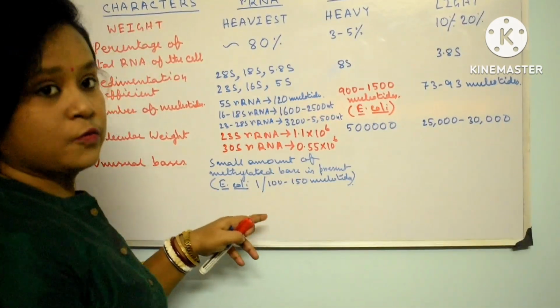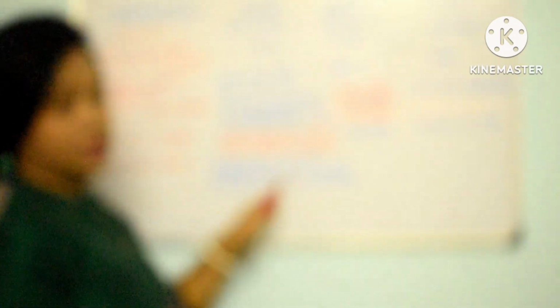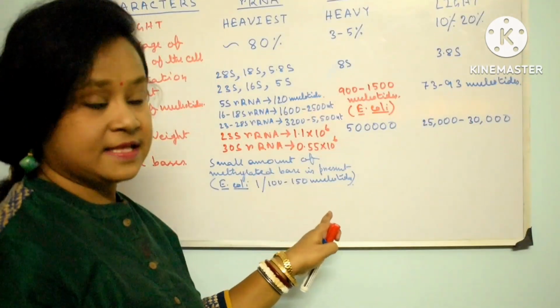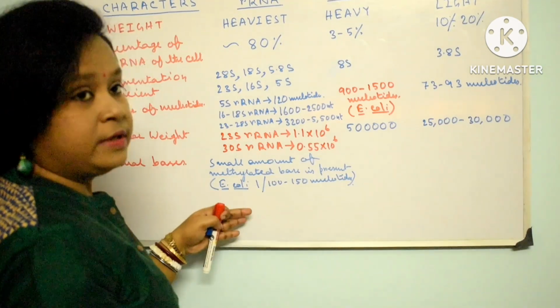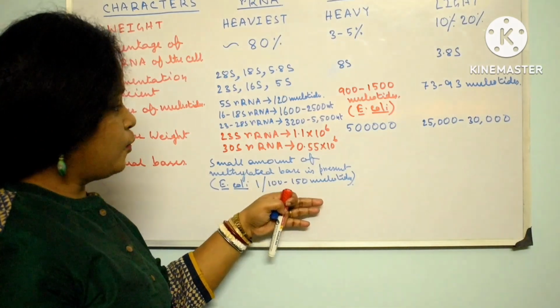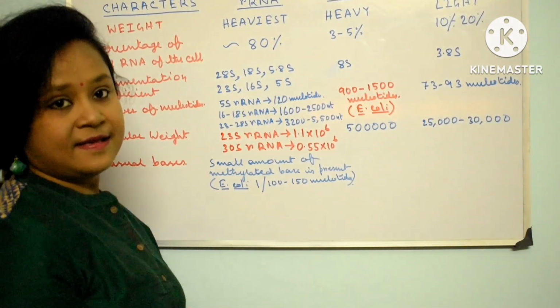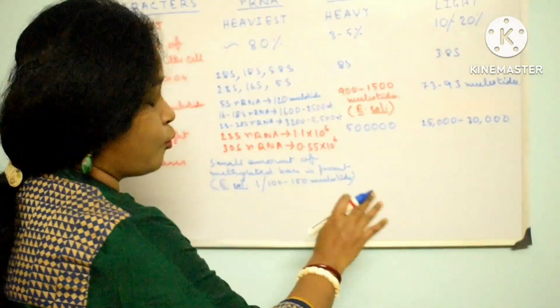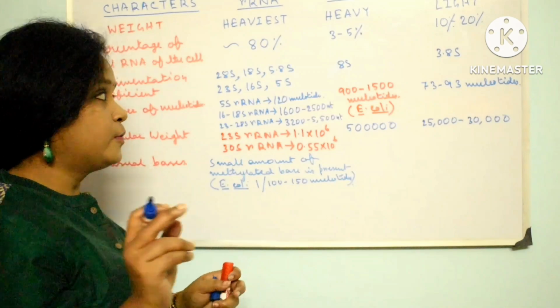So the unusual base present in rRNA is a small amount of methylated base, and it is observed in E. coli. In what amount? One part in 100 to 150 nucleotides, means one methylated base is present out of 100 to 150 nucleotides.